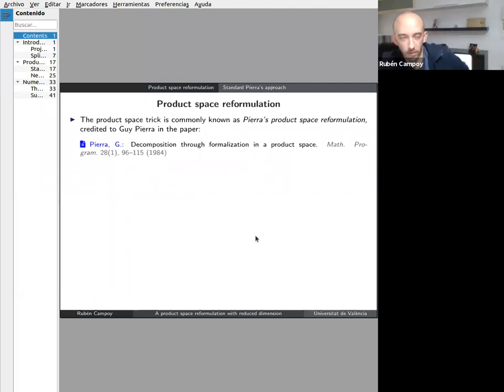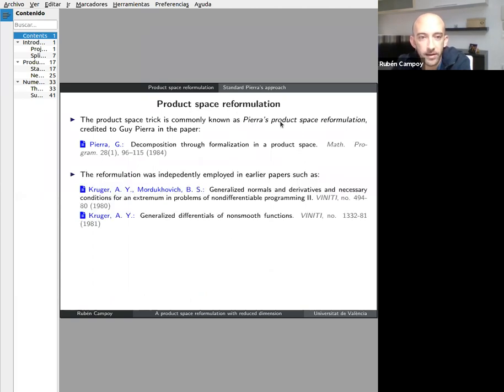This product reformulation is usually credited to Pierra and to this paper from 1984. But the case is that there are earlier papers where the authors independently employ the technique. And I would like to thank Professor Alex Kruger, who pointed out these two references. These are papers from 1980 and 1981, where they use the product space formulation.